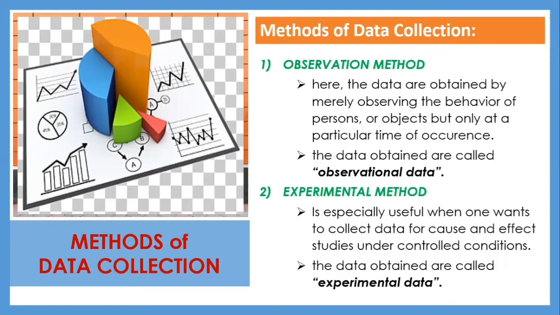And when we say experimental method, this is especially useful when one wants to collect data for cause and effect studies under controlled conditions. In this method, there is actual human interference with the conditions or situations that can affect the variable under study. And the data obtained in this method is called experimental data.